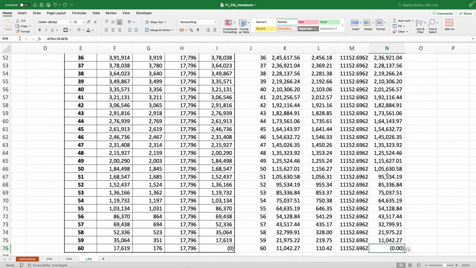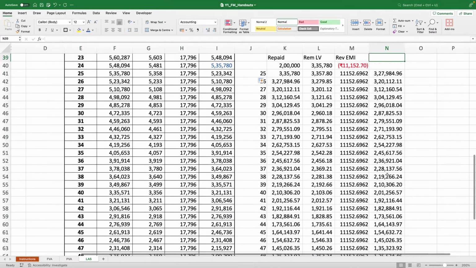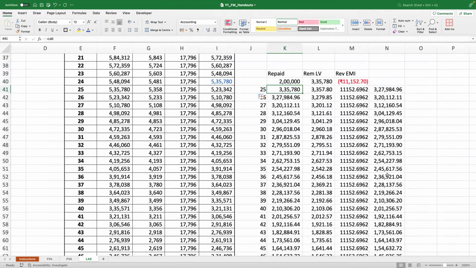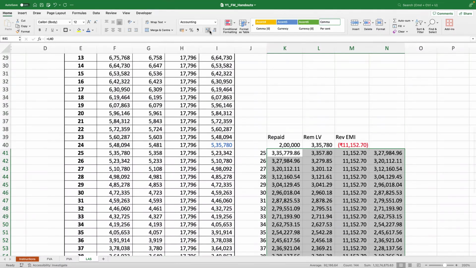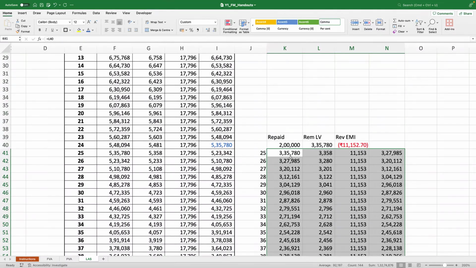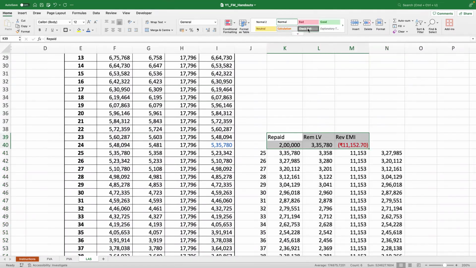You know what Priyansh did now? What Priyansh did now is actually called principal reduction or principal prepayment. What is that activity called? That is called principal, yes, principal prepayment or principal reduction.